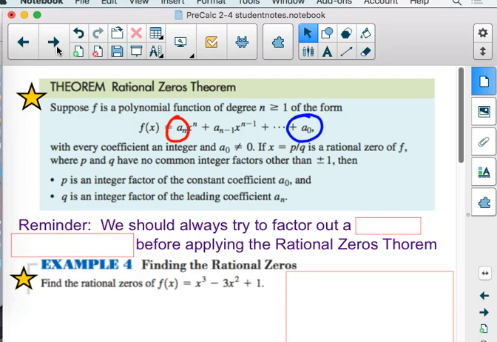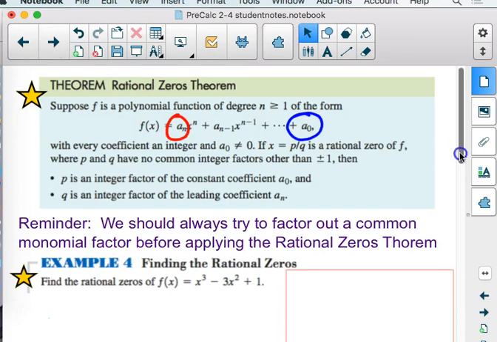Now, we're going to use that, but we're also going to use our graphing calculator to narrow down the search. So reminder, always try to factor out a common monomial factor before you apply the rational zero theorem. So if you see the whole thing is divisible by 2, take the 2 out first. Make your life a little easier.